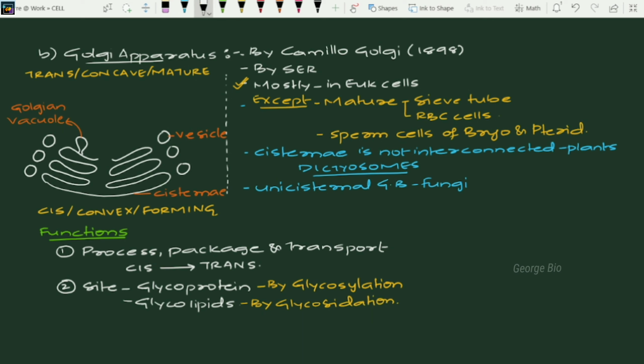Now Golgi apparatus is rich in root cap cells, due to which it secretes certain mucilaginous substances and helps in lubricating the root tip, so root penetration is easier and no damage is caused to the root apex. Number three, it is rich in root cap and helps in lubrication of root tip.